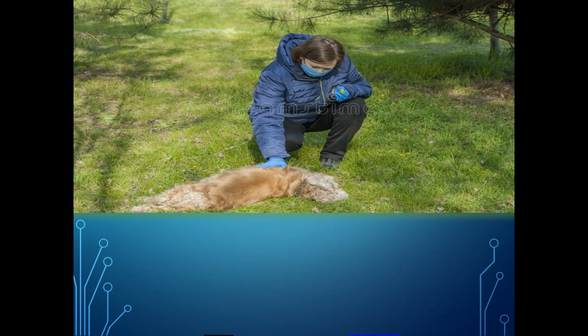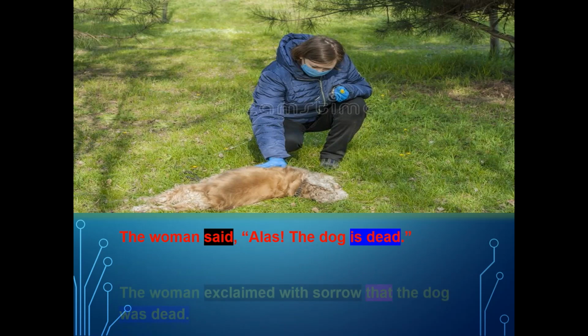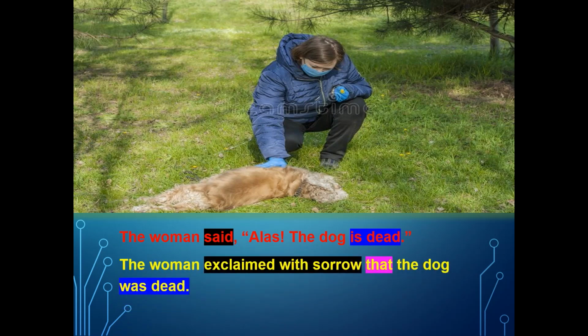Another example, the woman said, "Alas, the dog is dead." So look at the picture. If we change the sentence into indirect speech, the answer will be, the woman exclaimed with sorrow that the dog was dead.